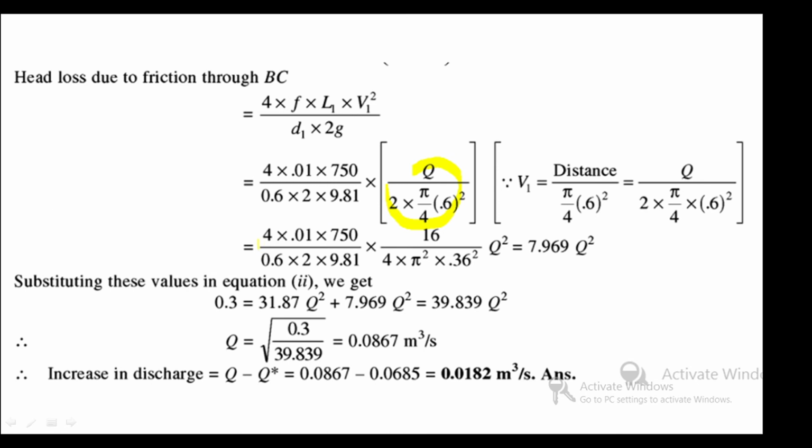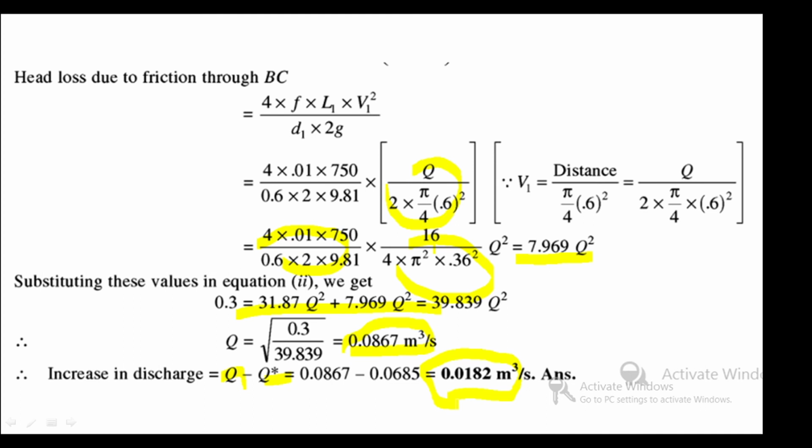You substitute all the values in terms of Q in the equation and you get 39.839 Q square. Here the Q value is 0.0867 meter cube per second. The increase in discharge for the parallel pipe, Q minus Q star, is positive, which indicates that it is increasing. So that's all about the problem.